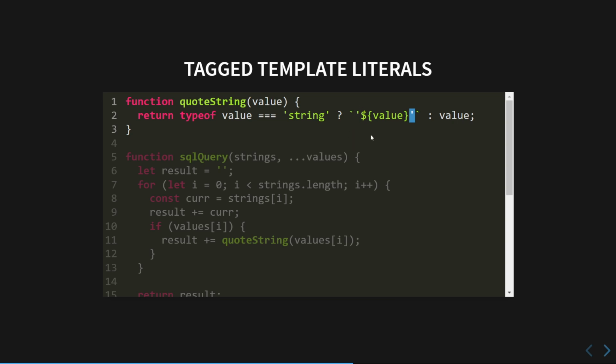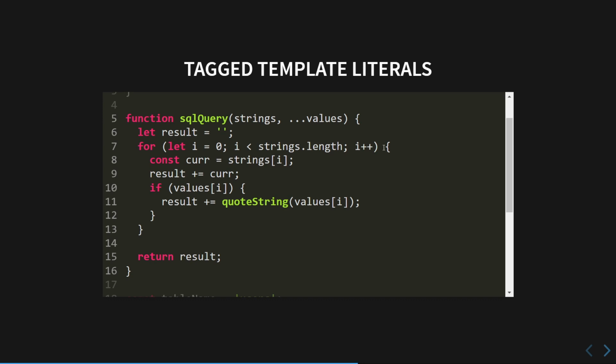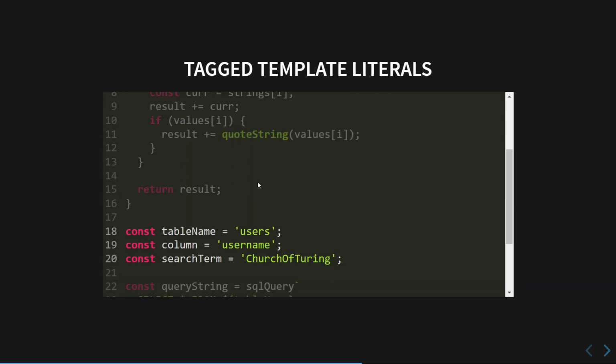And then moving on, I'll explain this in a second, but it's pretty much identically the function that you saw in the last example. The only difference is, instead of appending the value directly, we append the value after it's been quoted, if that makes sense. But it's pretty much exactly the same thing.